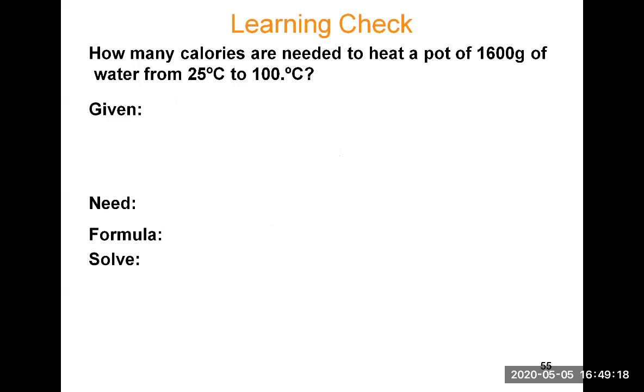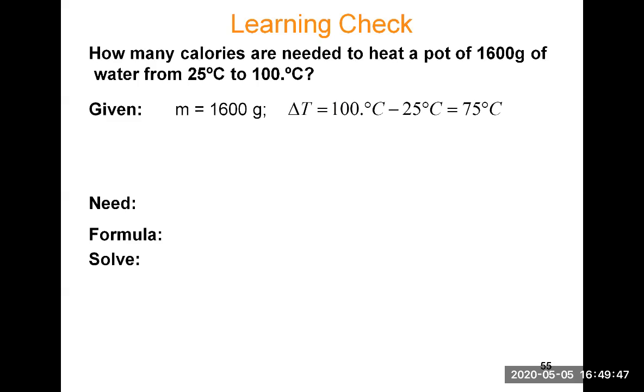So we're given the mass here, the mass of a pot of water. We have 1,600 grams of water. We have a temperature difference going from 25 degrees to 100. So we know we will need the temperature change, which means taking the higher temperature minus the lower temperature.